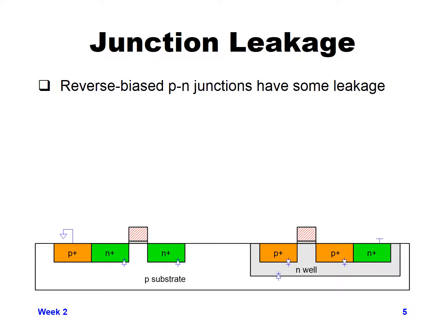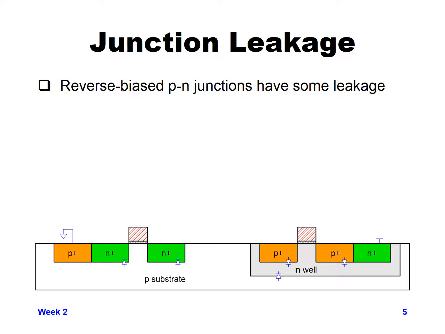So the third leakage effect that I mentioned in an earlier slide was junction leakage. This is due to the reverse biased PN junctions that we have in the various different PN junctions in the process technology that we're using.